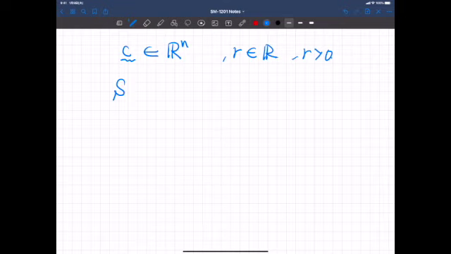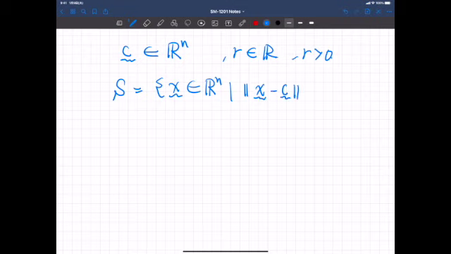Then we consider this set S, that is the set of points in this space such that the modulus of x minus c is this constant. So what does this mean? This means the points on the sphere in this space. Okay, consider again two-dimensional space.